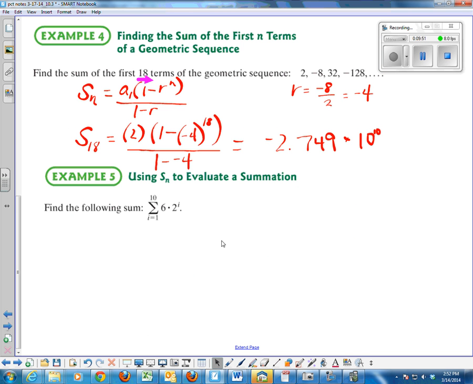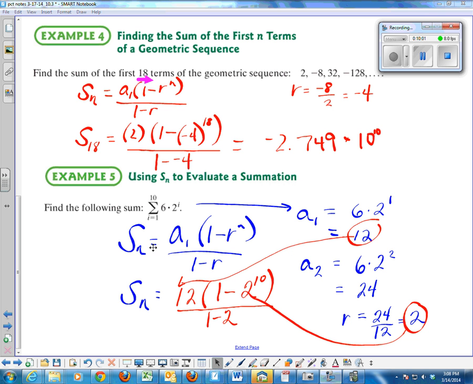Okay, next example. Using the S sub n formula, evaluate the summation. Okay, so let's start by writing down the summation formula. So using the S sub n formula, which is here, we need to find a sub 1. So finding a sub 1, plugging in 1 for the i is 6 times 2 to the first, which is 12.